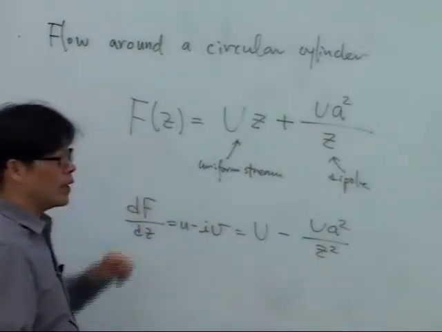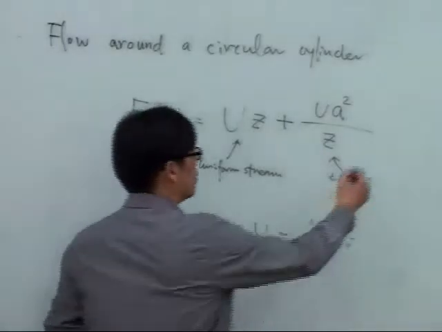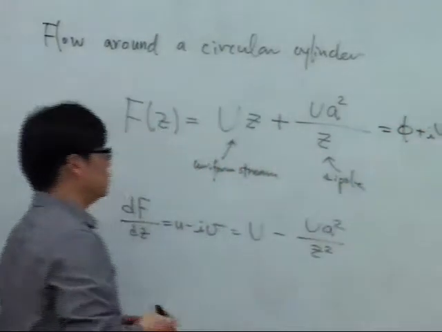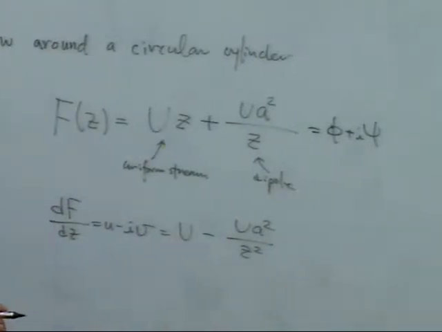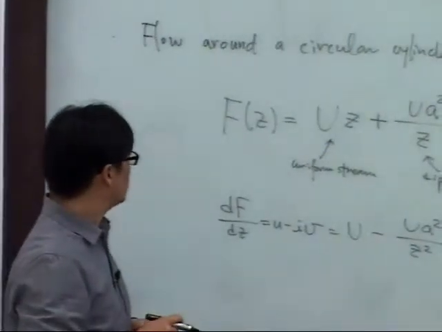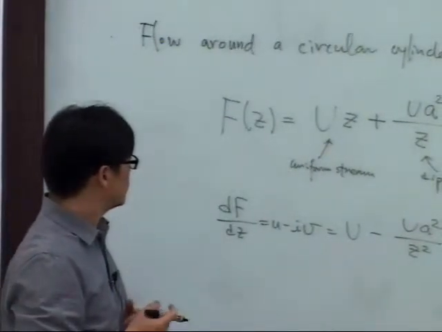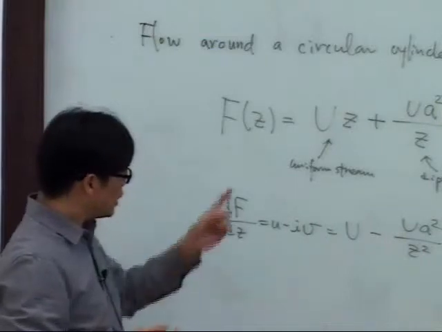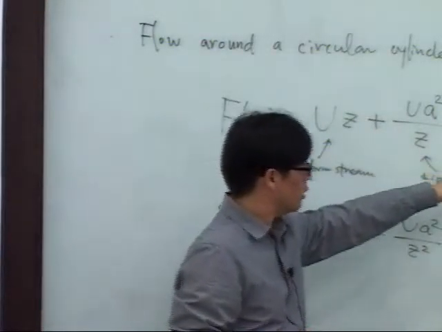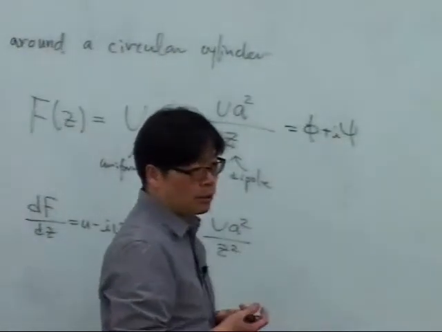And from here, you can find phi plus i psi. So you can check, when you collect the real part, the previous solution that we got.